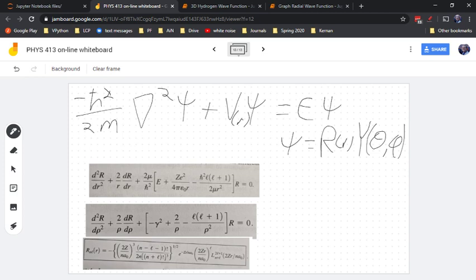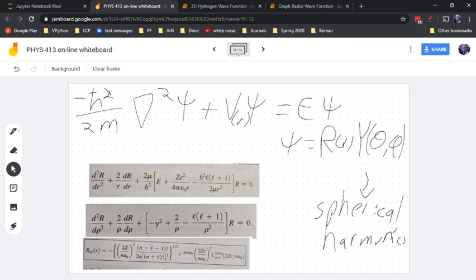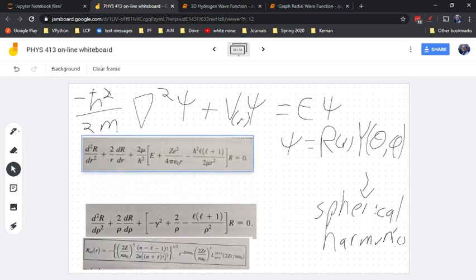And so that's what gets me the spherical harmonics for this y here. So this thing is just going to be the spherical harmonics that we saw and graphed last time. So literally, we're just taking our new solution r, multiplying it by the spherical harmonics, and boom, we're done. We've got psi.